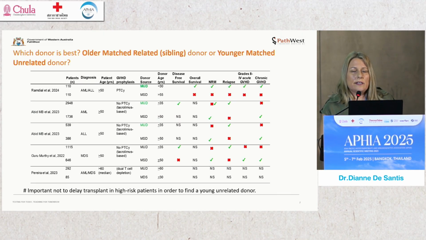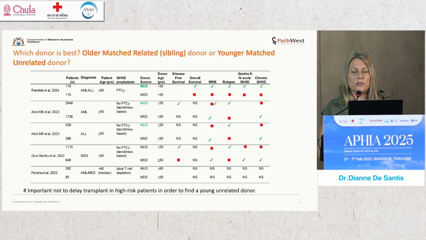So recently, with evidence that a younger donor is better, and as I said, I'll discuss that a little bit further later on, there have been a number of studies that compare the use of older matched related sibling donors with younger 8 of 8 matched unrelated donors. So I've shown a few studies here in the slide. The studies presented here are in AML, ALL, and MDS patients.